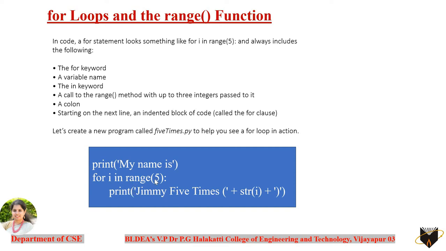Once again, do remember here the range method, by default it will take one parameter or up to 3 integers. So if you are going to specify only one parameter, what is expected is an integer value. In this case, range of 5 means this is going to be executed one value less than the value that you have taken here as a parameter.